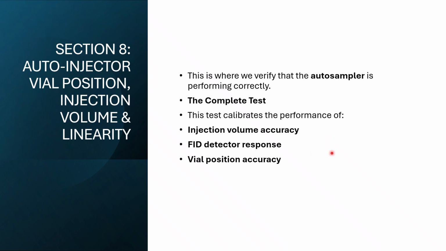And in FID detector response, 5 different standards are injected and it should be linear in response. That is, your correlation coefficient should be more than or equal to 0.99. And in vial position accuracy, we prepare the same concentration standard and position it at different vial positions, and then we inject it. The RSD for area should be less than 15%.